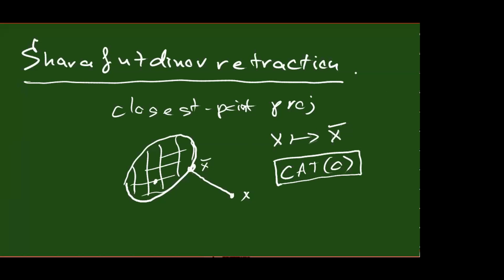So there is a generalization which requires a bit more. Instead of one convex body, you can consider a one-parameter nested family of convex bodies in your space.